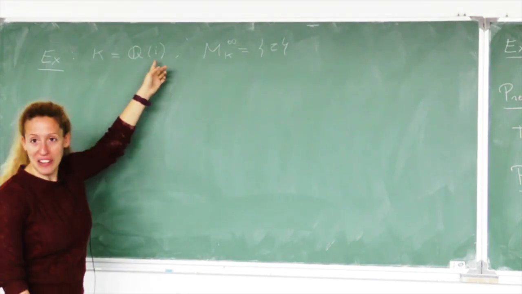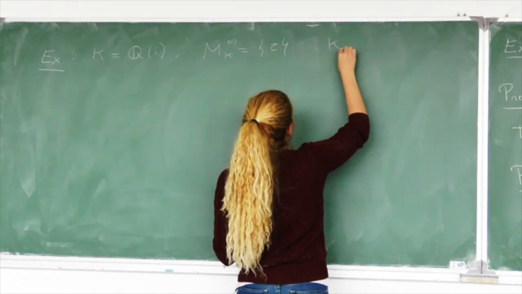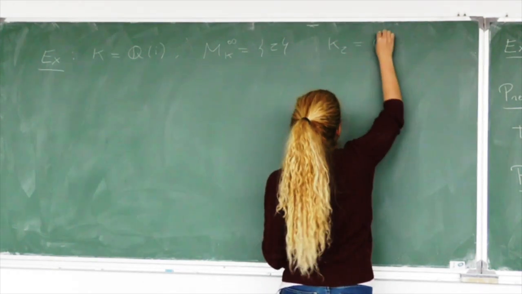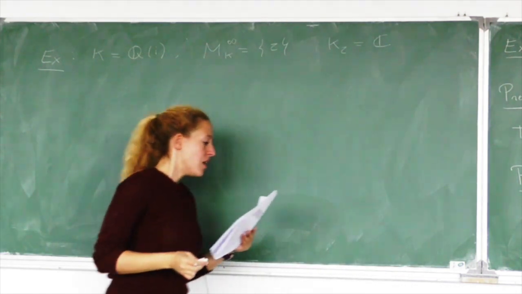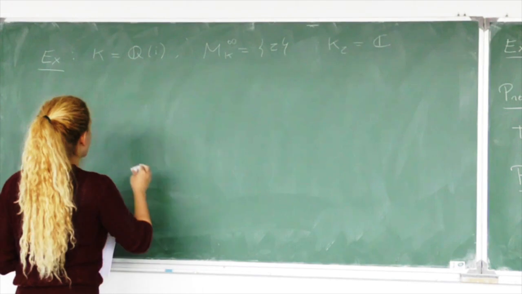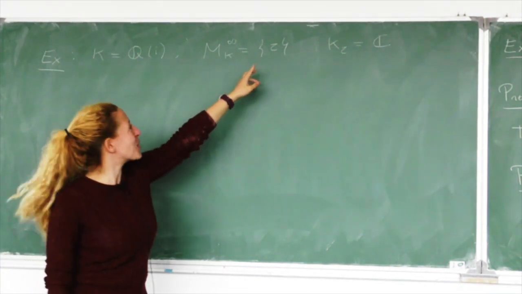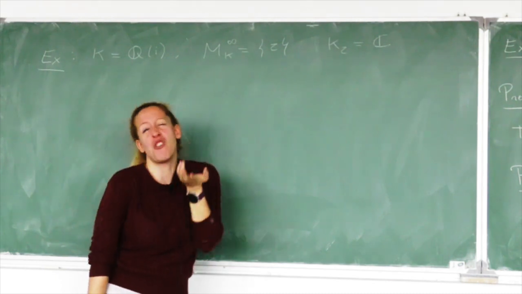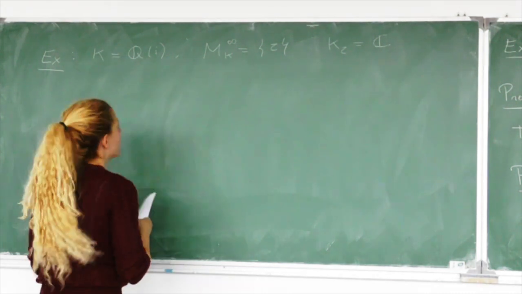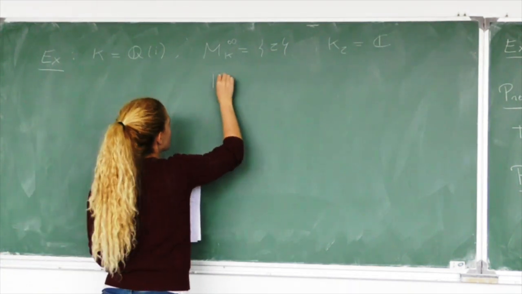Which is actually the completion, if you want. The completion is the complex numbers, so I can also write this: the completion is equal to C. Okay, very well. This is easy. Again, I did an abuse of notation, because here tau somehow is the valuation, not the absolute value. Well, it's not a big thing.